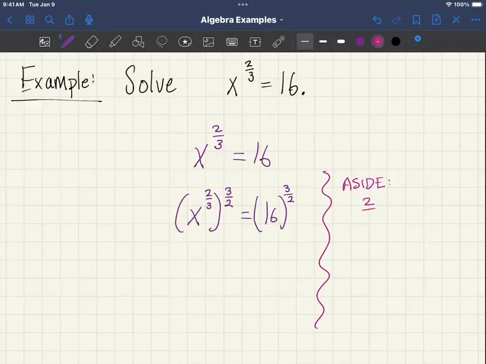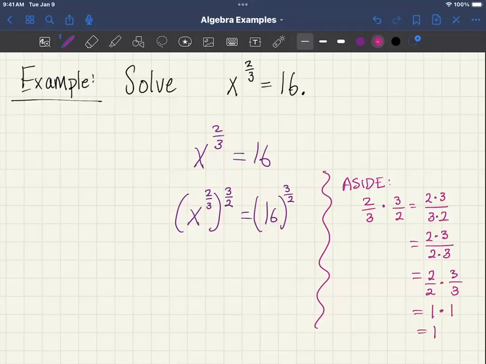Why are we doing that? If we take 2/3 times 3/2, this is 2 times 3 divided by 3 times 2. And hopefully you might be seeing it already, but notice we can flip the direction of our denominators. So 2 times 3, and then we can break that up again. 2 over 2 times 3 over 3.